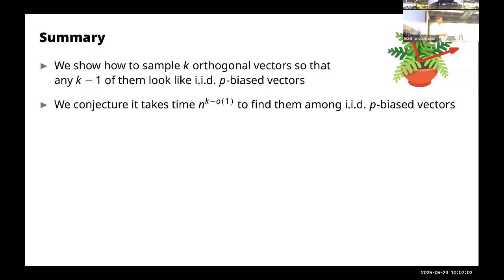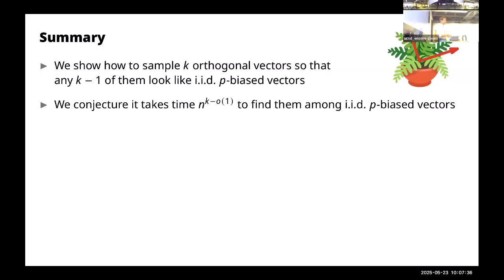So just to summarize, we gave a method for sampling k vectors that are orthogonal, but where a smaller subset of them looks completely random. And we conjecture that it still requires n to the k time to find those vectors, so that this distribution is as hard as the worst case, at least up to a subpolynomial factor.